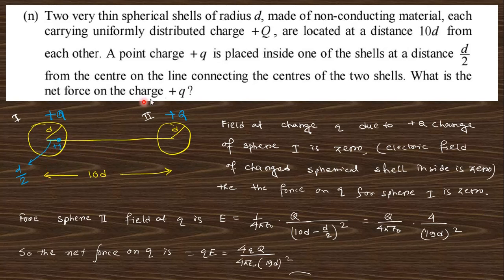You need to find the force on this charge. You know the force is this charge times the electric field at that point. If you can find the electric field at that point and multiply by q, you will get the total force on this charge.